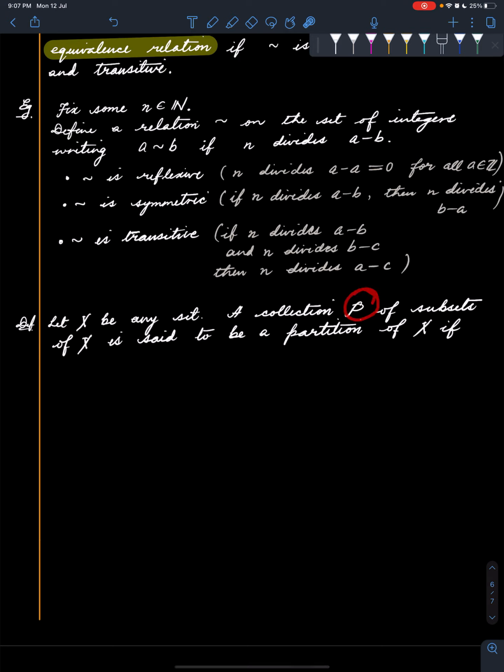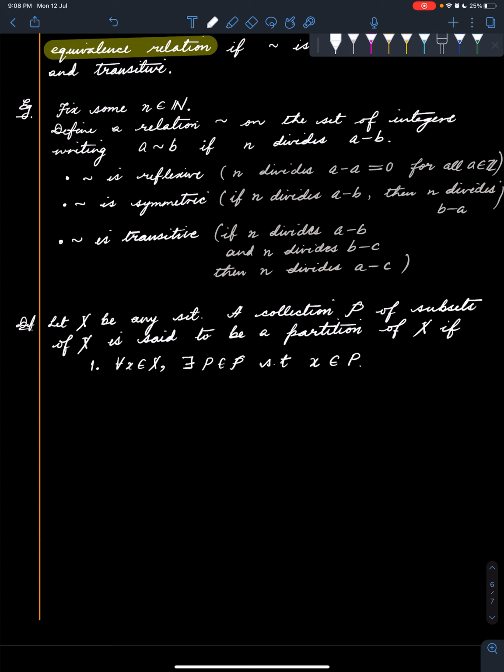We say that this collection of subsets of X is a partition if, first of all, each element of X must be in some element of p. So for all x in X, there exists, this is the symbol for there exists, some element of this script p such that x is in it.